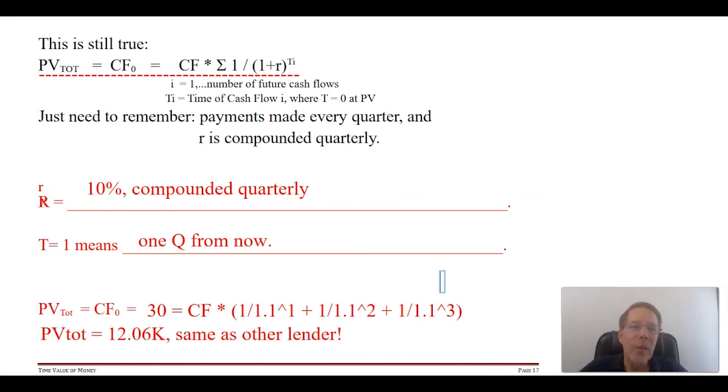Okay, so let's just think about this for a second. It seems like maybe Mr. Small Net Worth could go with either one, but that's not true. That would be a big mistake on Mr. Small Net Worth's part, to go with Big Shark. Why? Because remember, the other lender figured out that the most Mr. Small Net Worth could pay without going bankrupt was around $12,000 a year.